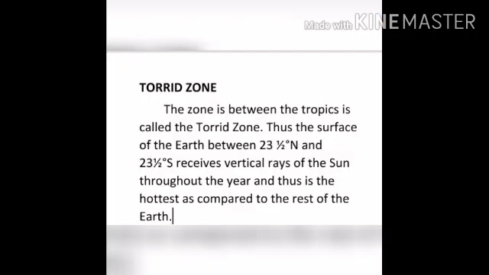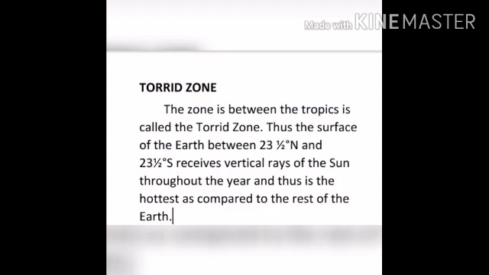The torrid zone, also known as the tropical zone, lies between the equator and the tropics, that is from the equator to the Tropic of Cancer 23.5 degrees north in the northern hemisphere, and from the equator to the Tropic of Capricorn 23.5 degrees south in the southern hemisphere.